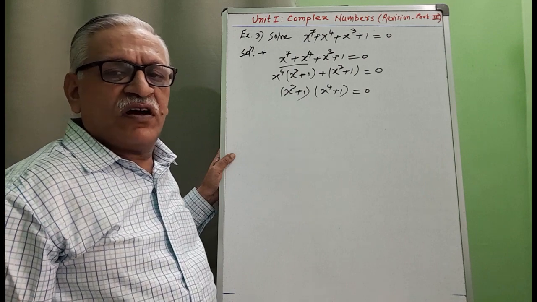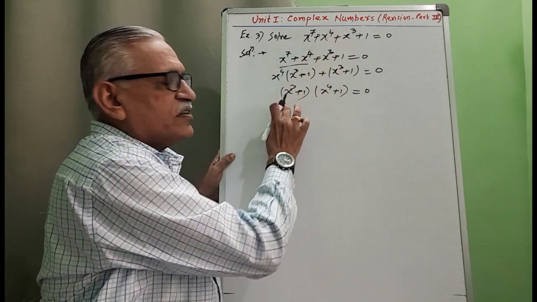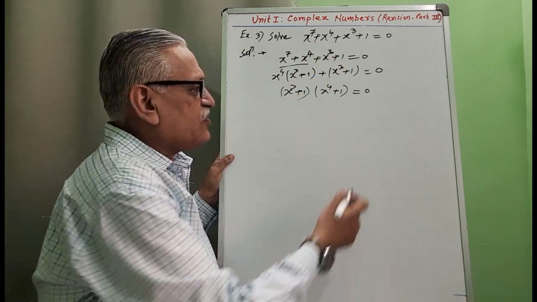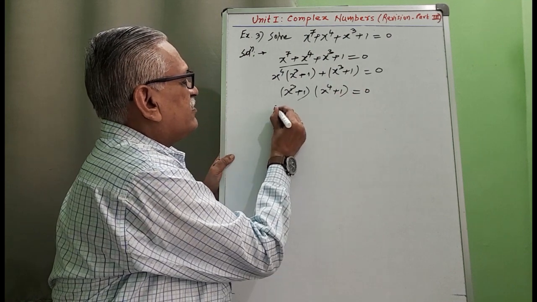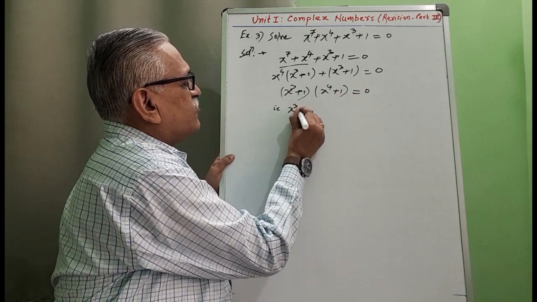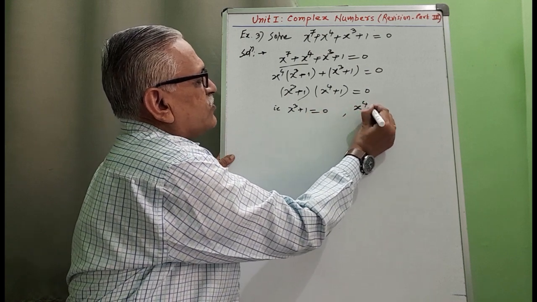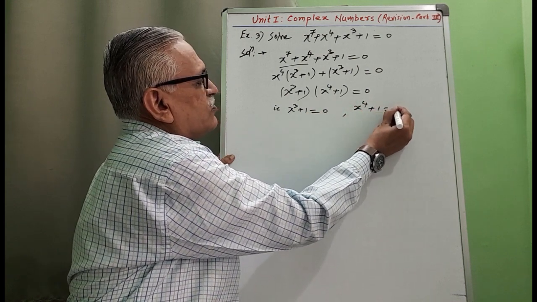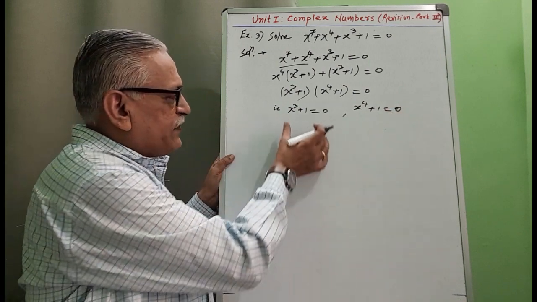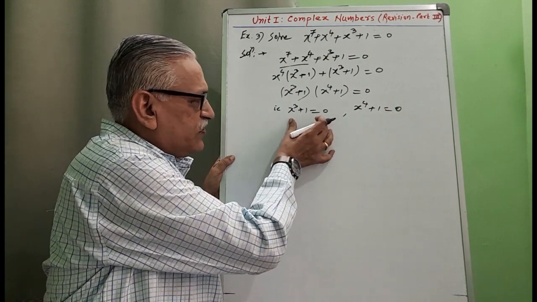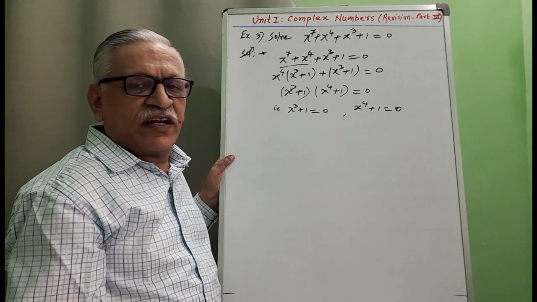This means we have two factors for this equation, x cube plus 1 equal to 0 and x raised to 4 plus 1 equal to 0. We try to obtain the values of x for this equation as well as for the second equation.